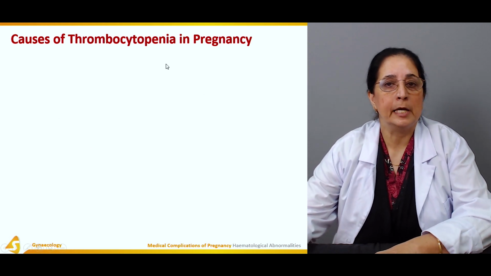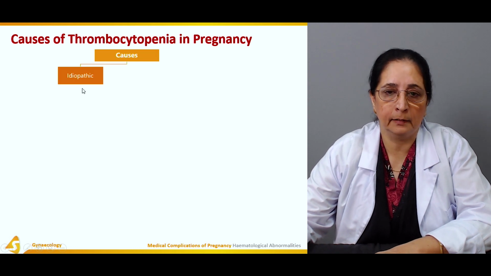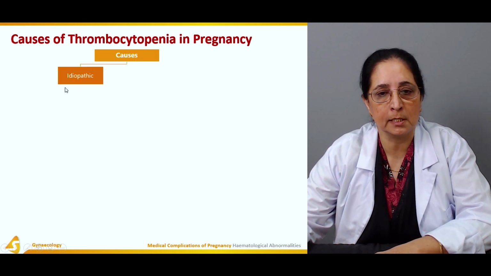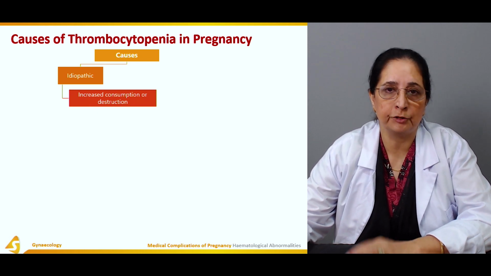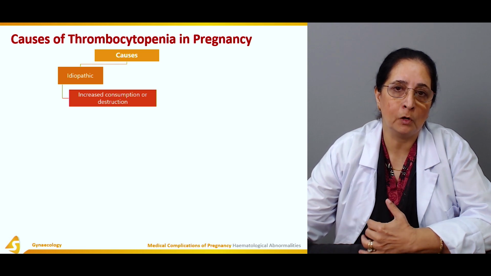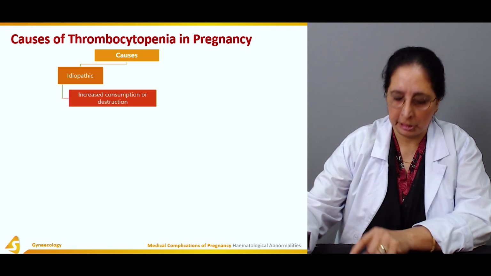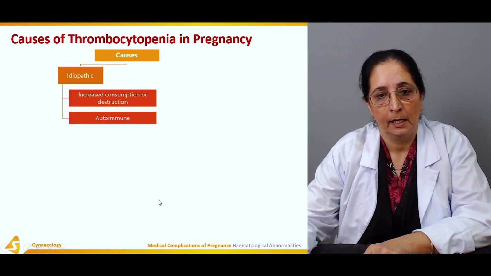Causes of thrombocytopenia in pregnancy. We have idiopathic causes, in which we have increased consumption or destruction of platelets. If there is increased consumption or destruction, both conditions can cause decrease in the level of platelets.